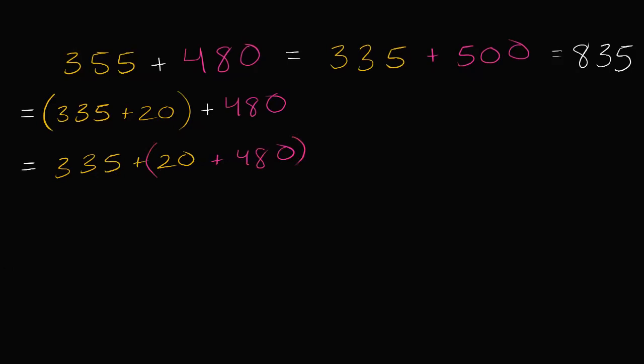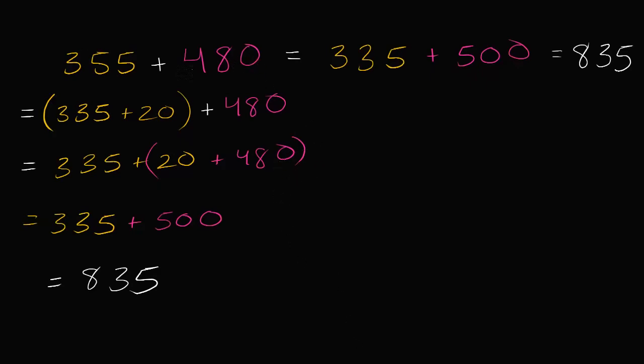And so then I'm going to be left with 335 plus, what's 20 plus 480? Well, that was the whole point. I picked 20 so that I can get to 500. 20 plus 480 is going to be 500. And then now you can add them. This is going to be 835. So this is just a longer way of saying what I did here. I took 20 from 355 so I can make the 480 into a 500.